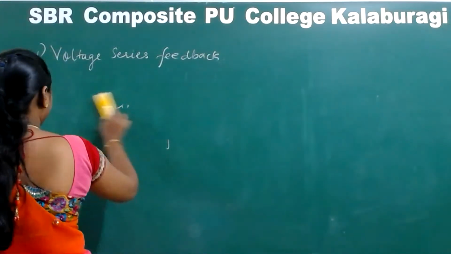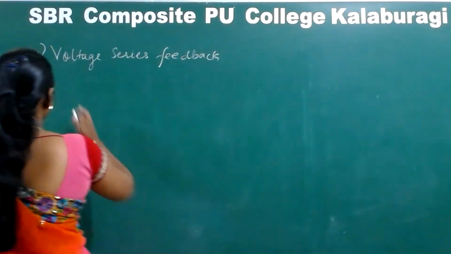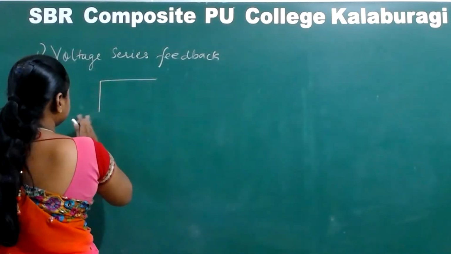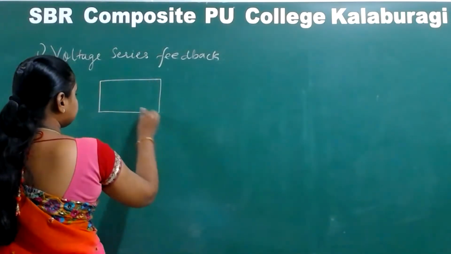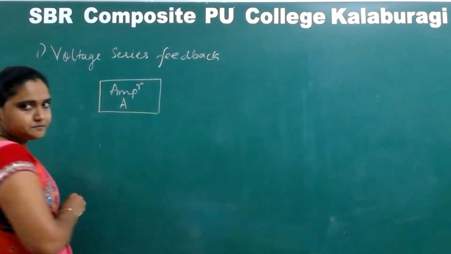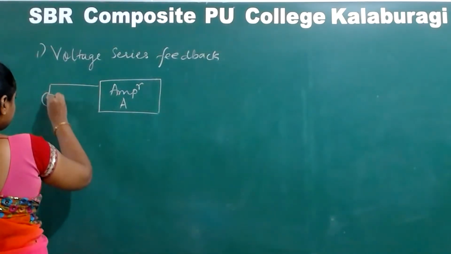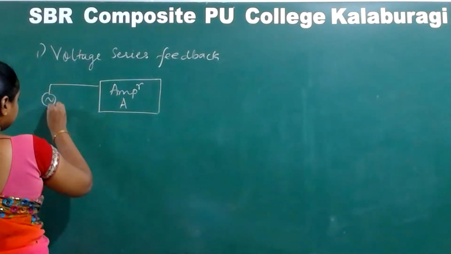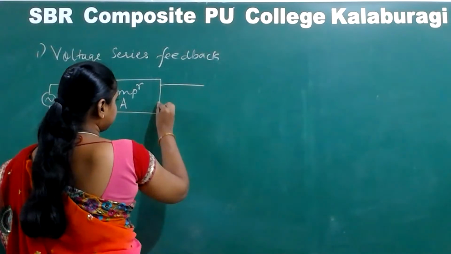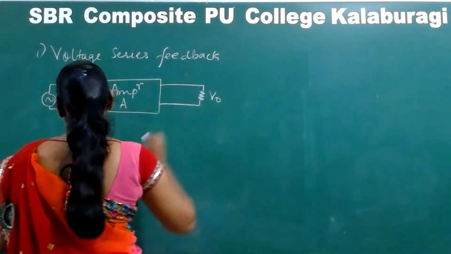Voltage series feedback amplifier. There is an amplifier with gain A, which is applied with the input voltage. This is where we are going to take the output.